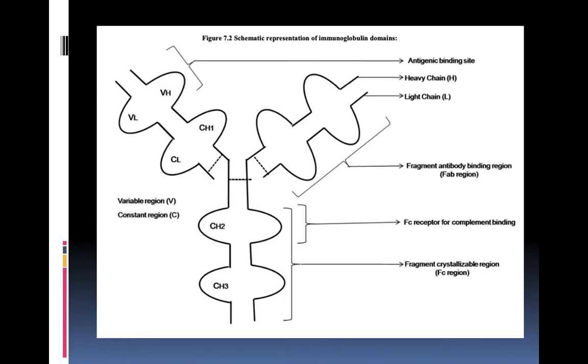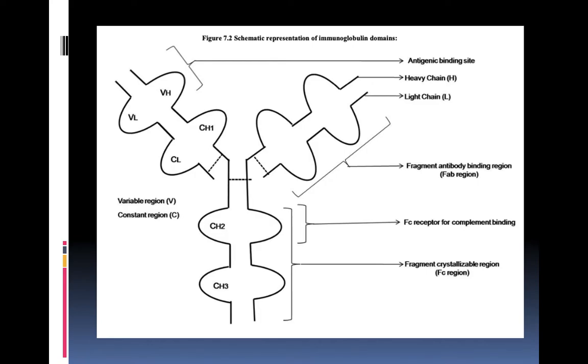The whole process will occur in the endoplasmic reticulum, and then it will be followed by carbohydrate modification, which will be required at the end of the assembly process. So at the end of the process, your immunoglobulin molecules will be separated from the chaperone proteins, and they will now be transported to the cisternae region of the Golgi complex, so that the carbohydrate side chains can be added to them already.